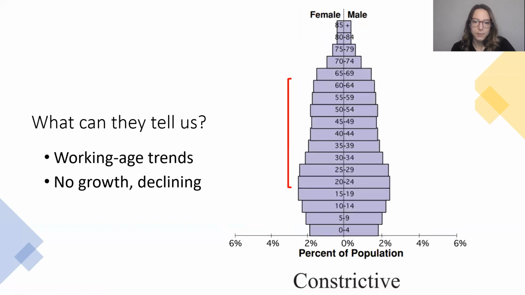So the next one here is the constrictive population pyramid. Now, in contrast to the other two, what's noteworthy about this one is that you really want to pay attention to the working age trends, because that's where the differences emerge, where different proportions of the population might be spread out differently.